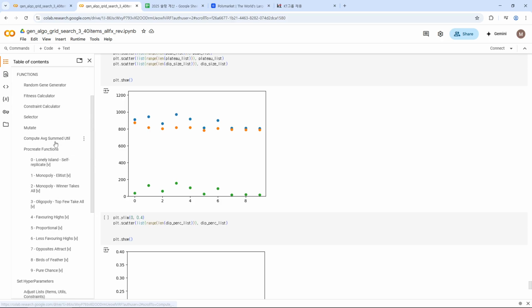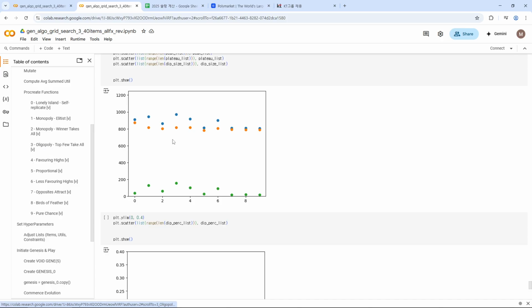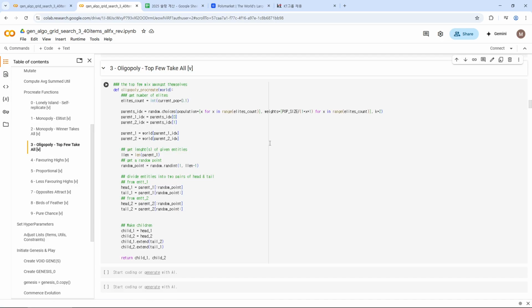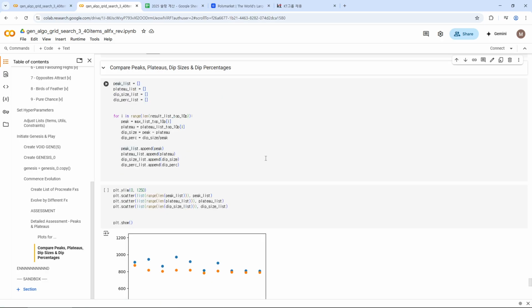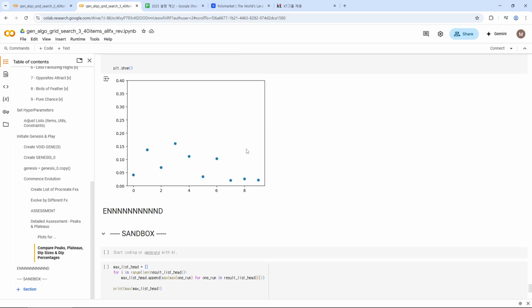Whereas in the oligopoly, parent 1 and 2 are chosen from the top 10%. So they share a lot of common factors.